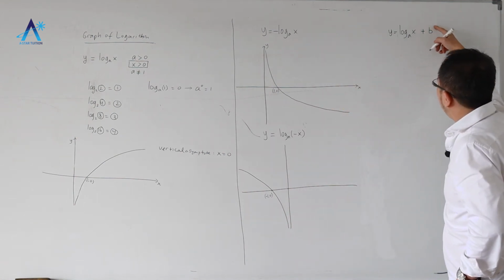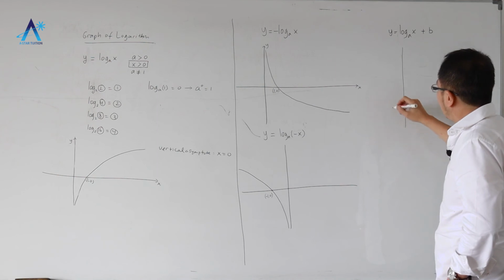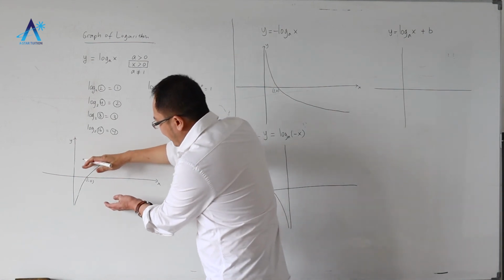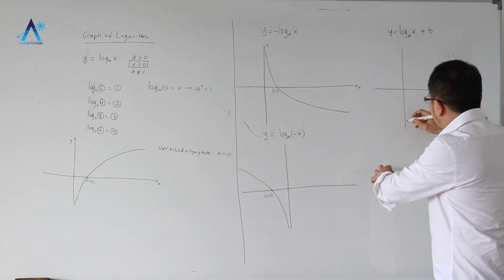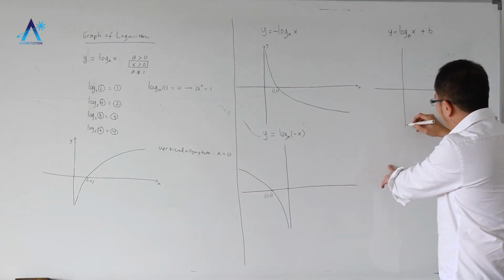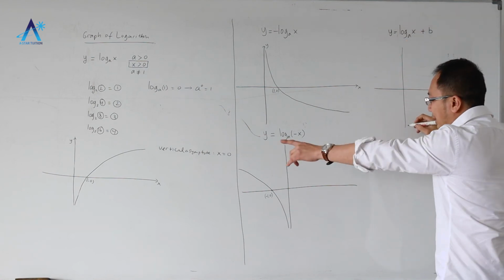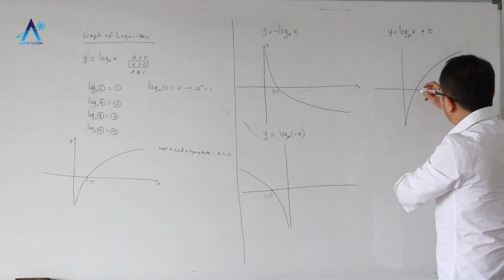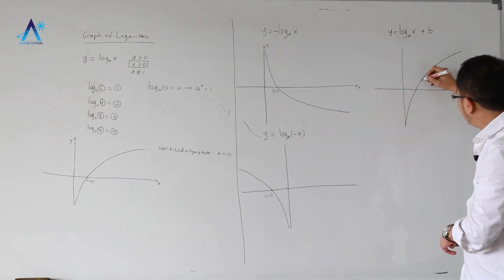Last one, positive b here, has to do with the vertical translation. This positive b will shift the original graph upwards by the amount of b. Okay, you can see that the graph of this new equation will resemble the original function, except everything now is shifted upwards by the amount of b. So this point is no longer (1, 0). That (1, 0) will become here.